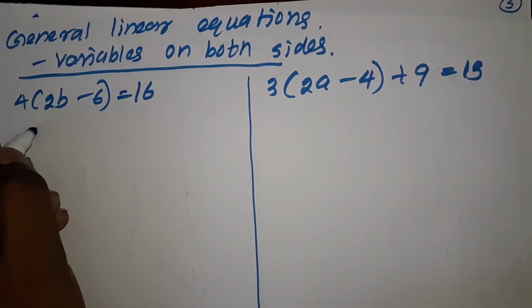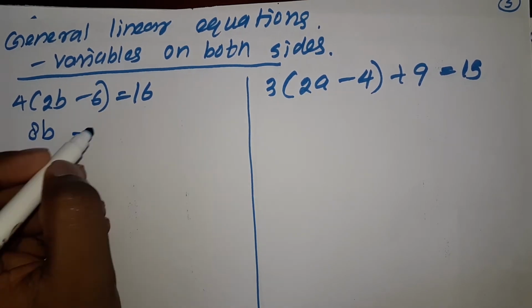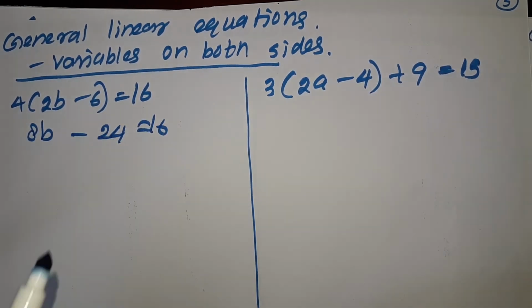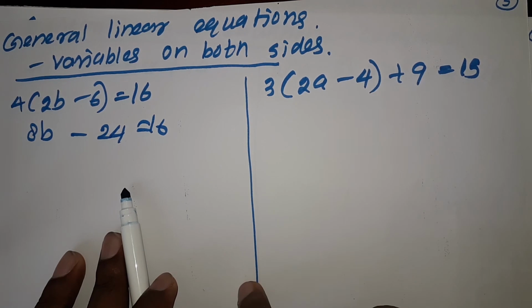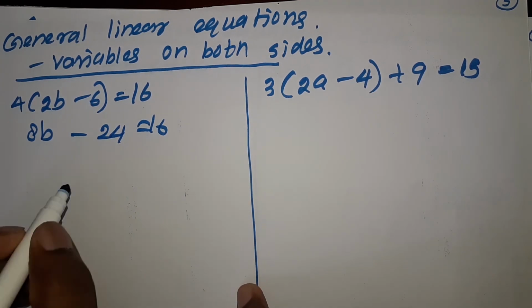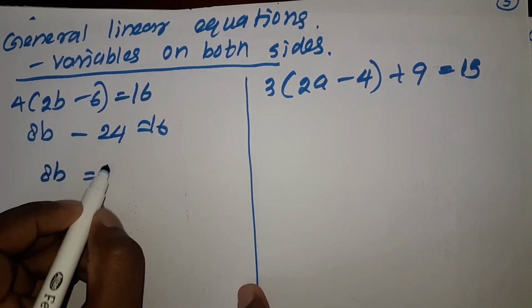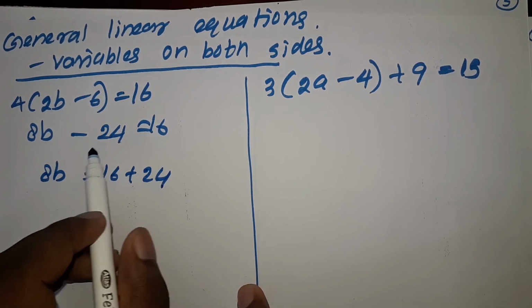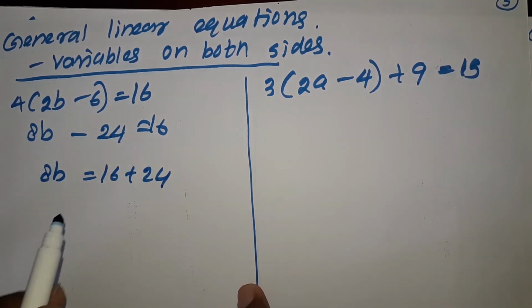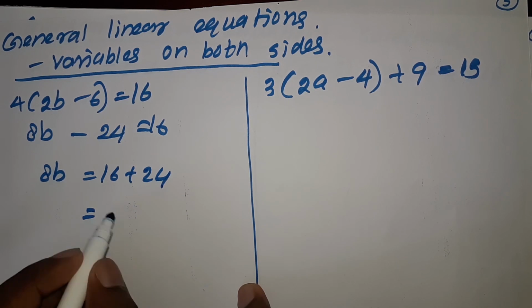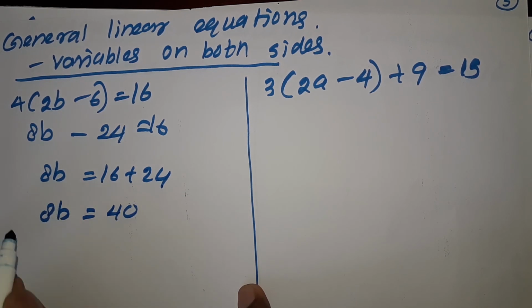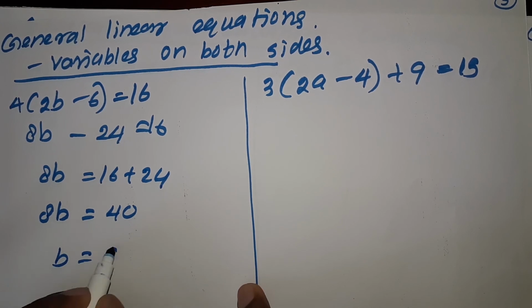So 4 times 2, 8b minus 24 equals 16. After this, it's simply the same method as the previous one. So 8b equals 16 plus 24, since I added plus 24 to both sides, which will give me 40. So dividing both sides by 8, I get b equals 5.